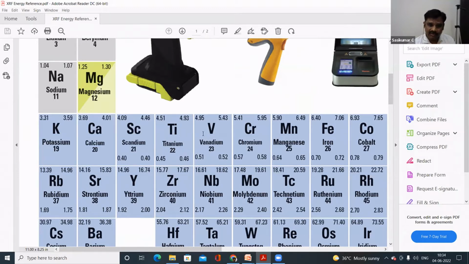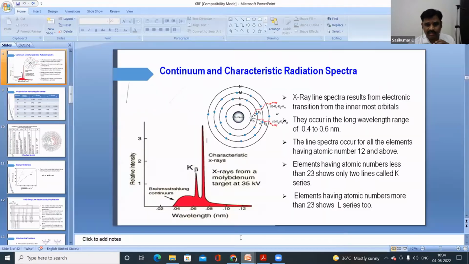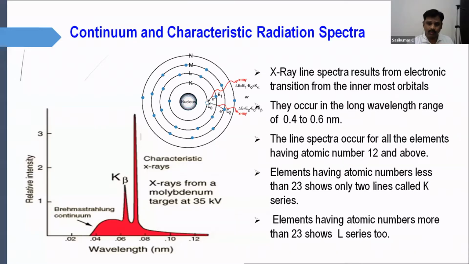Similarly, if I analyze vanadium, the K alpha radiation has an energy of 4.95, whereas for chromium the K alpha line has an energy of 5.41, and manganese 5.90. You can very clearly see that the energy of the X-ray emitted differs from element to element. That is the primary tool from which we characterize or identify what the element is.